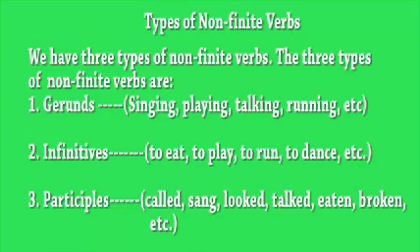We also have the last part of it, which is the participles. These are sometimes like past tense. These verbs denote that an action was carried out in the past. Example: called, sang, looked, talked, eaten, broken, etc.